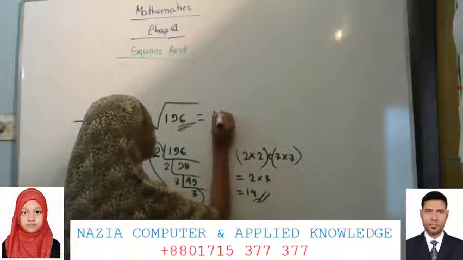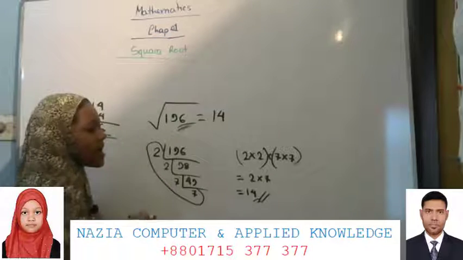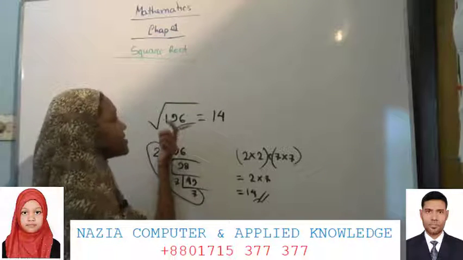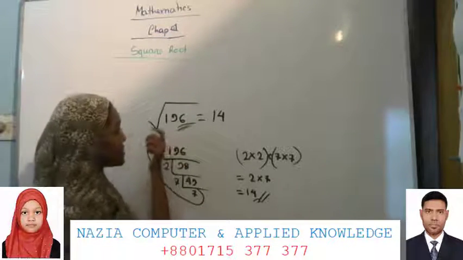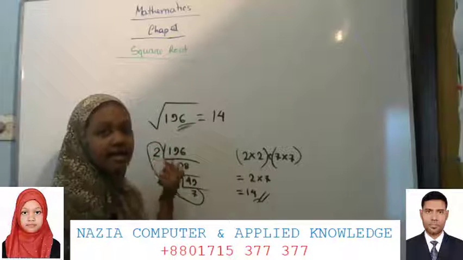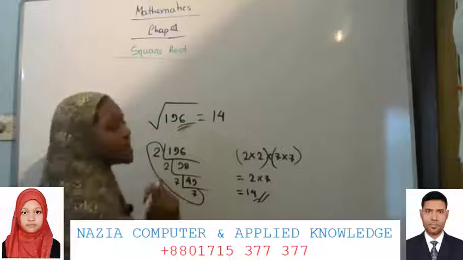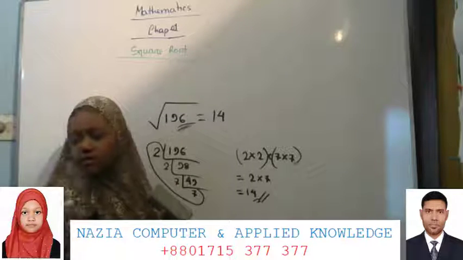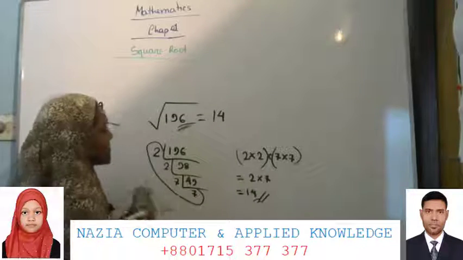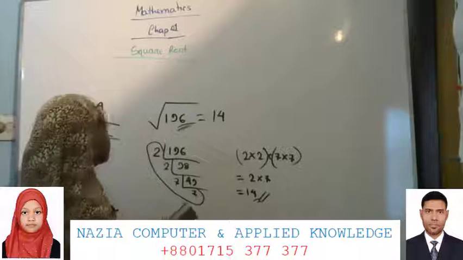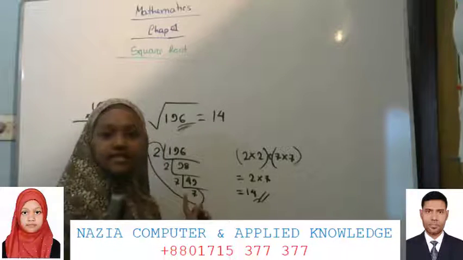So if I say, please find out the square root of 196 in the prime factorization method, because there are two methods in the book, we have already learned the method of factorization.